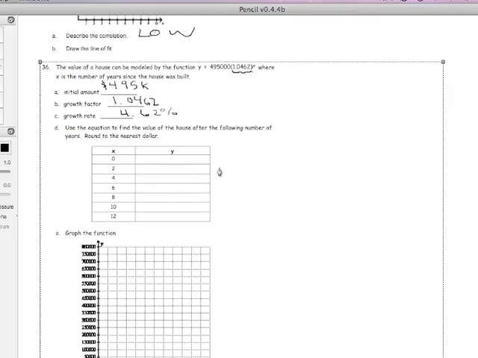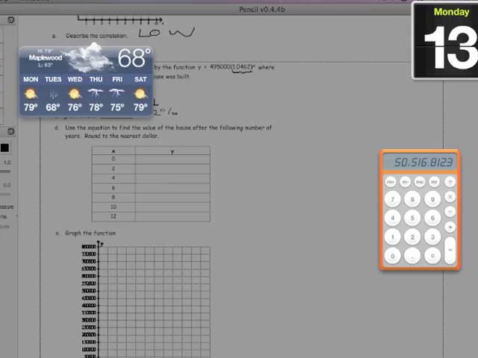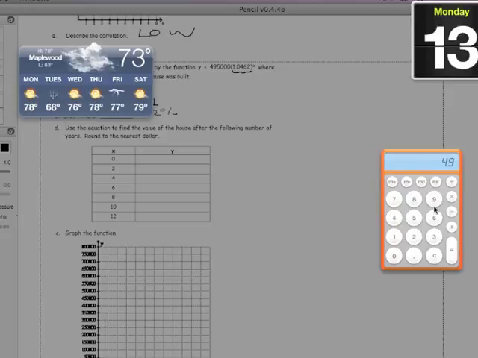Reuse the equation to find the value of the house after the following years. Okay, so this we can do in the calculator pretty easily. It's 1.0462 times 1.0462 times 495,000.